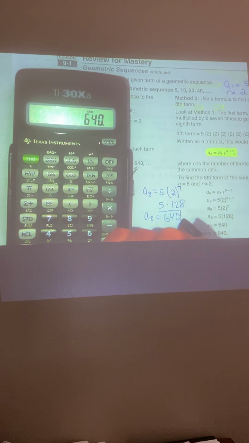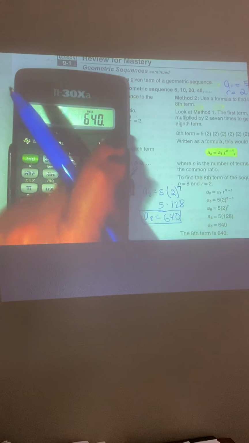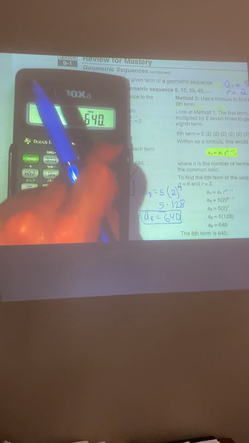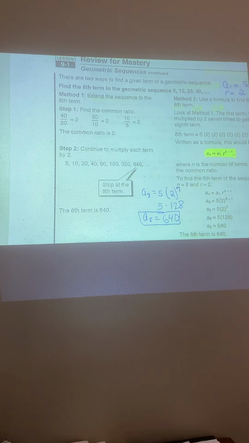Now, when you're doing your work, I don't need to see 128, I just need to see this written out, and then your answer of 640. Okay, again, let me do it again. 2, y to the x, 7 equals times 5 equals. Okay, that y to the x button is huge. All right, so let's try.